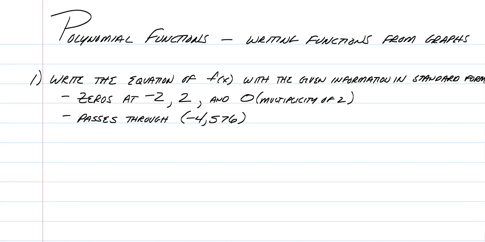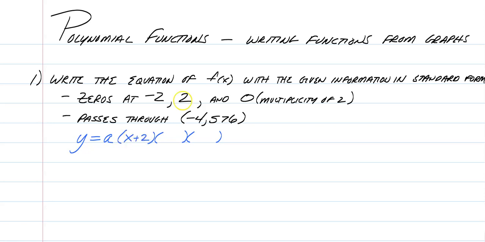First thing you have to think about is what is the standard form of a polynomial function? Well, it's y equals a, and then all of your zeros in factored form. So, in this case, we have a -2, which we know came from x plus 2.